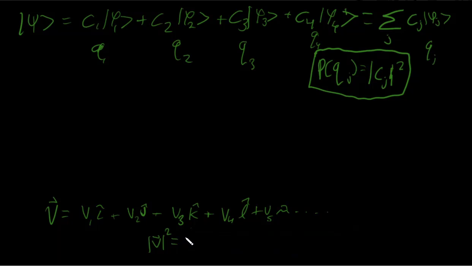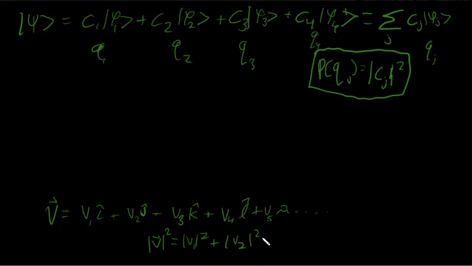is equal to v1 norm squared, right? Ordinarily it would just be v1 squared plus v2 squared plus v3 squared plus v4 squared plus v5 squared, however many you have. But this time, because we can be dealing with complex numbers, we'll have the norm squared, and I explained that a few videos ago, I believe.